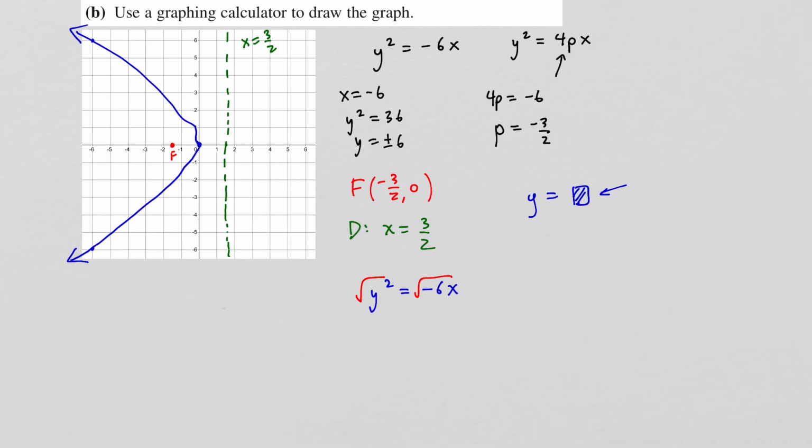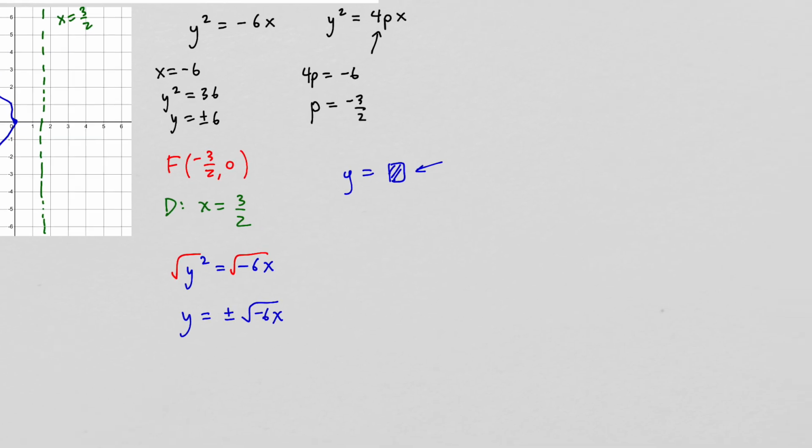And this is going to give you y equals plus or minus the square root of -6x. So to graph it on a calculator, you actually have to graph two things. You have to graph the square root of -6x, and you have to graph negative square root of -6x.